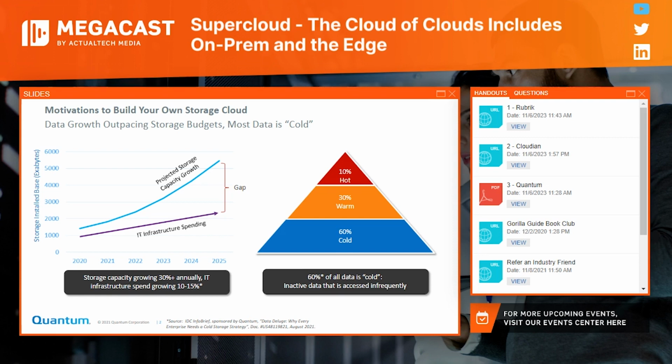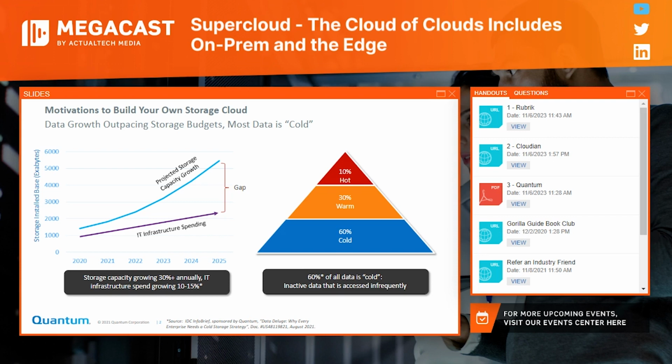Another thing to consider is that most data is cold or at best warm, and it's inactive data that is accessed infrequently. Hot data, the production workload data, effectively has to be in the cloud or in the processing center where you're doing your analysis.